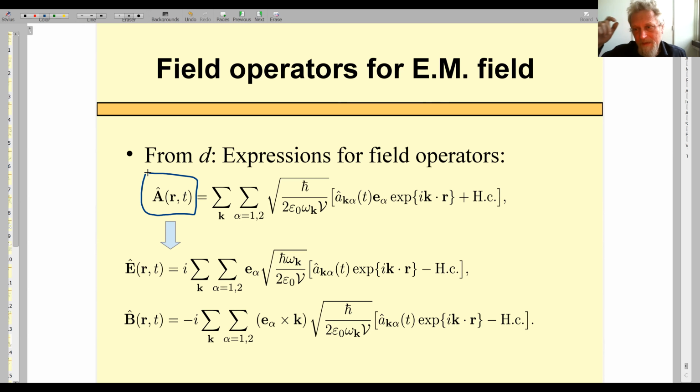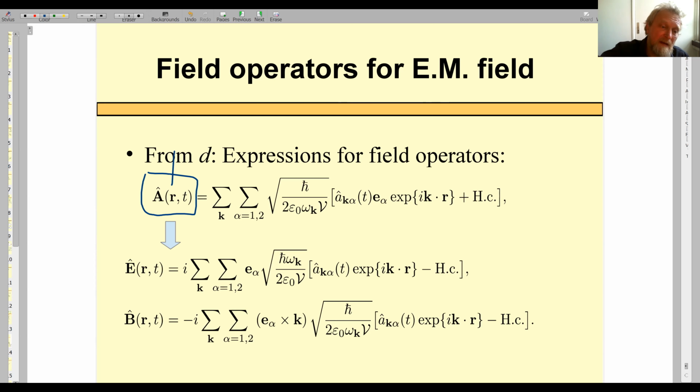Remember, we didn't have a scalar potential in our gauge, in the Coulomb gauge. So we have only the field operator for the vector potential of the electromagnetic field. Let's see, it obeys the same structure. So what do we see here?